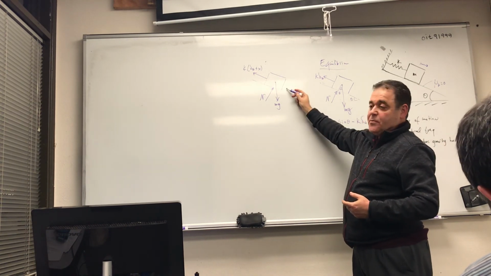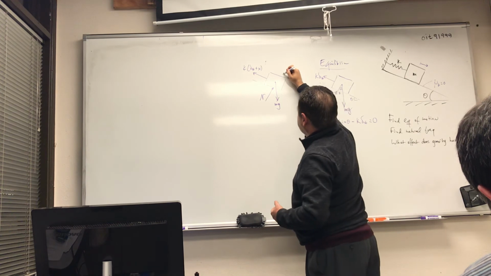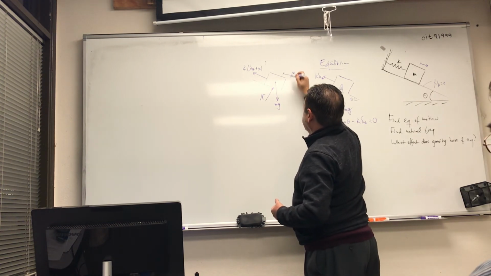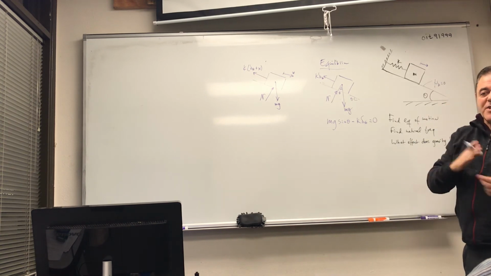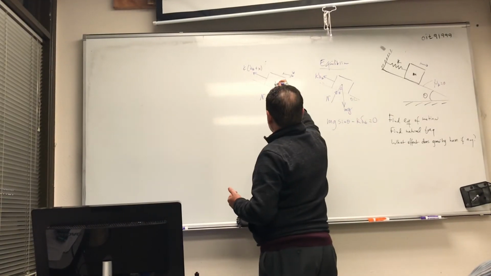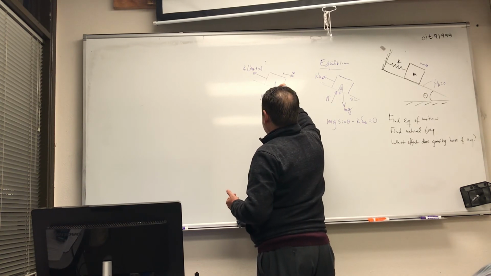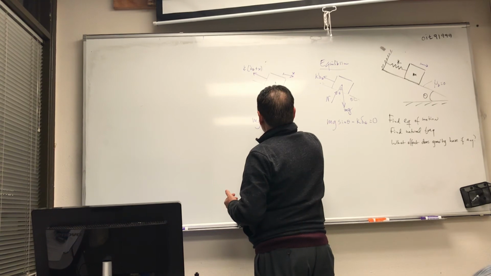Now, what is the sum of the forces in this x direction now? Equal to? Is it 0? No. mx double dot, because now it's moving, you see? So, what is the component of this force now in that direction? Just like before, mg sine theta.